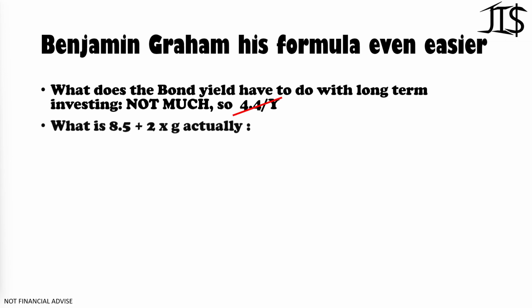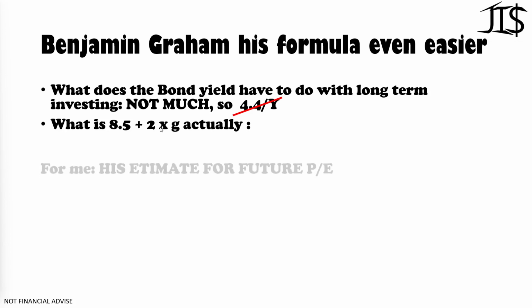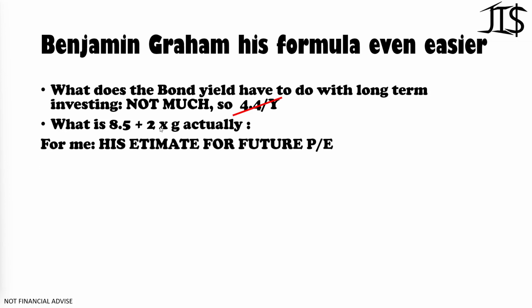And then we can say, okay, what is 8.5 plus 2G actually? And for me, this is then the estimate. Man, I forgot here an S to write, so I made a lot of typing mistakes in this presentation. I'm sorry for that. So I think that's Benjamin Graham, his estimate for future PE ratio.